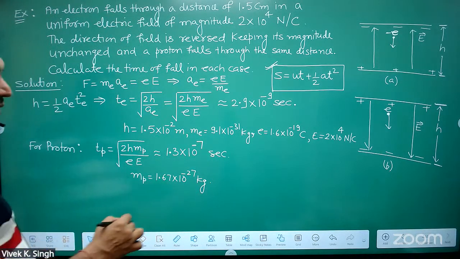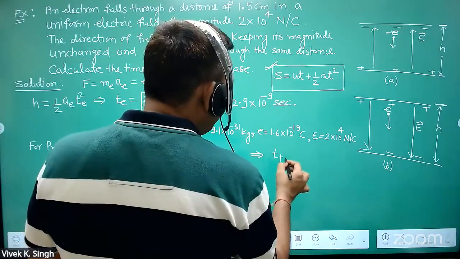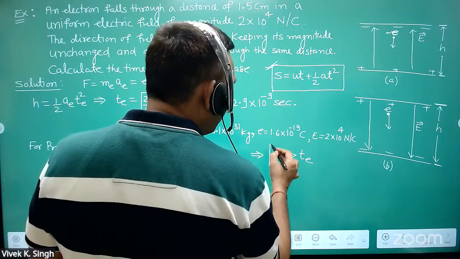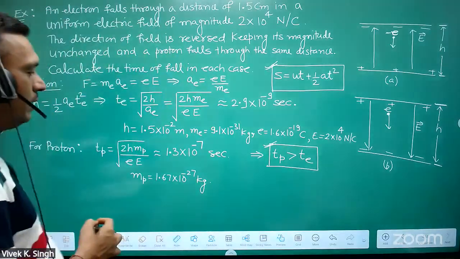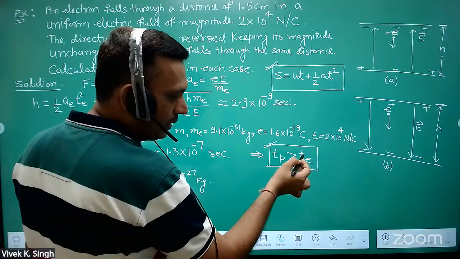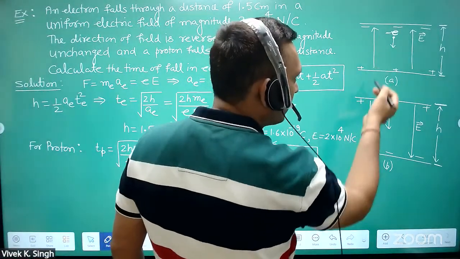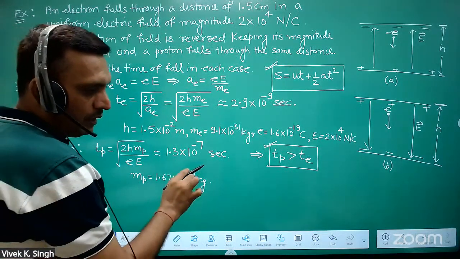So which one is greater? Now you can see time taken by the heavier particle is greater. Proton is heavier than electron. And this time taken by the proton is greater than the time taken by the electron to cover the same distance in the same electric field. Is it clear?